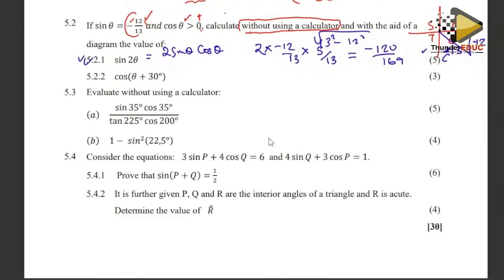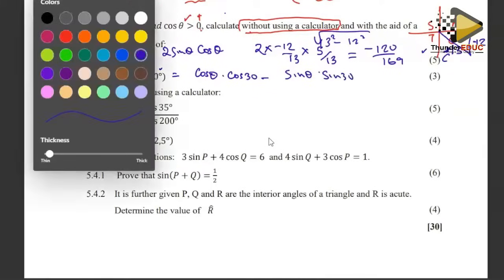Then cos of theta plus 30, this is a compound angle. We just need to open it up. 30 is a special angle. So it's going to be cos of theta cos of 30 minus sine of theta sine of 30. Okay, let's use just a different color.